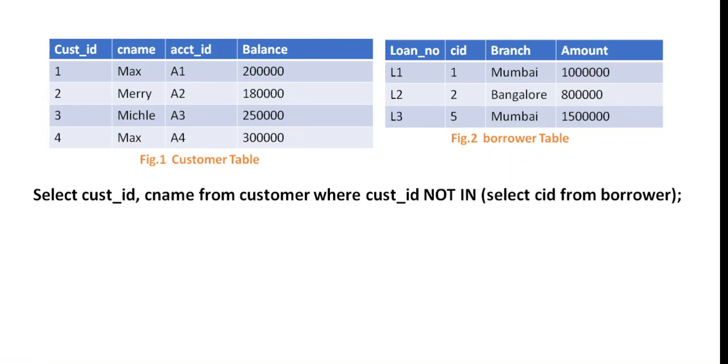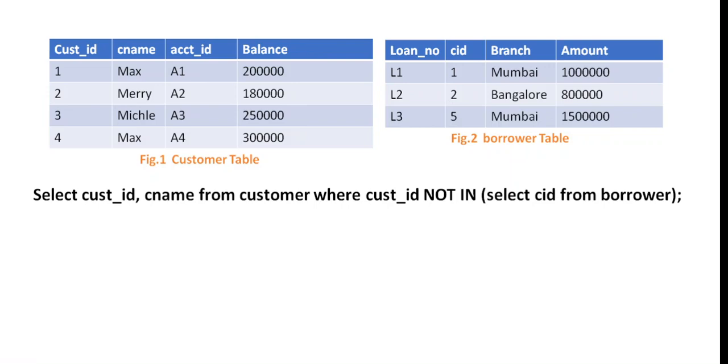When you write this query, your inner query will get executed first, that is select CID from borrower. It will give me three IDs, that is 1, 2 and 5. These are the customer IDs from the borrower table, the customers who have a loan. Now these three IDs are given as input to the outer query. So your outer query will be: select customer ID, customer name from customer where customer ID not in 1, 2, 5.